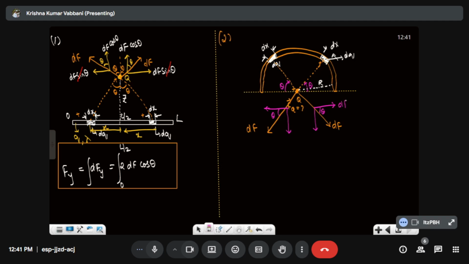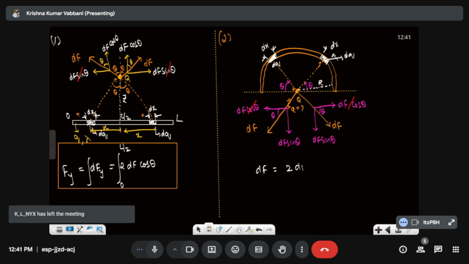This is going to be df cos theta and this is df sin theta. This is df cos theta and this is df sin theta. Now we can easily see these components get cancelled. And what is my net force? My force is equal to 2 df sin theta.